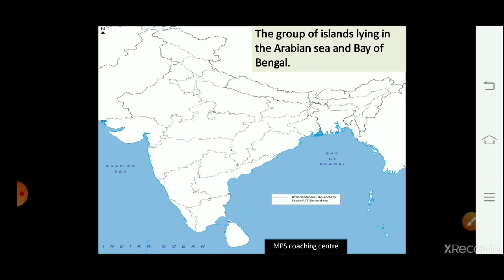So I suggest to all my dear students that in their study room or near the study table they tie one India political map.